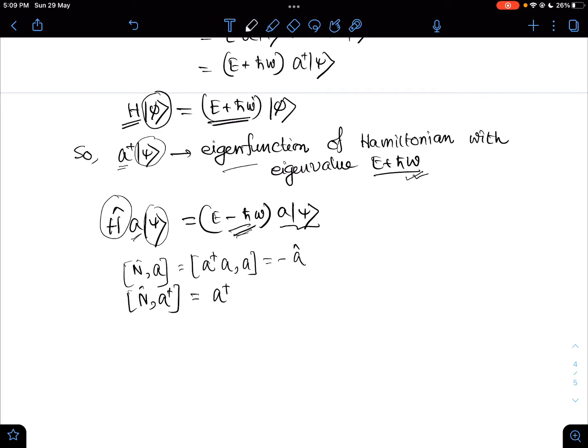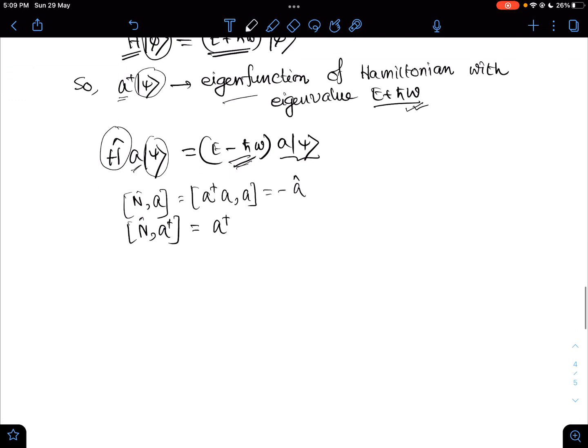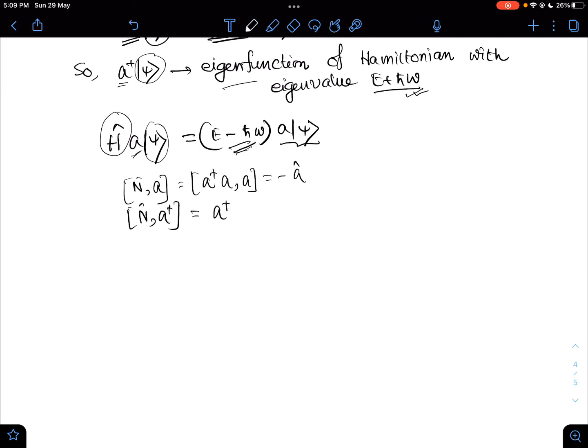We know that if we apply the lowering operator on a state with energy value E, it will always reduce the energy of the system. So suppose this is our ground state wave function, psi 0.